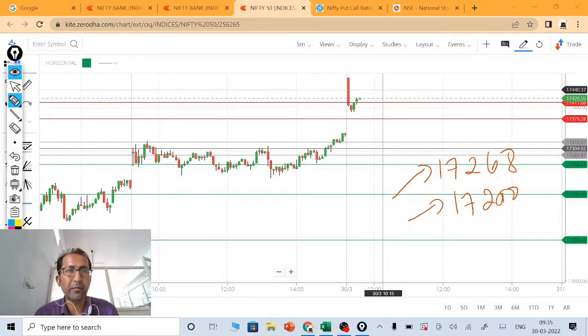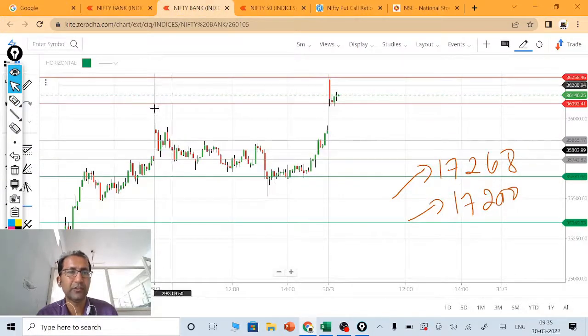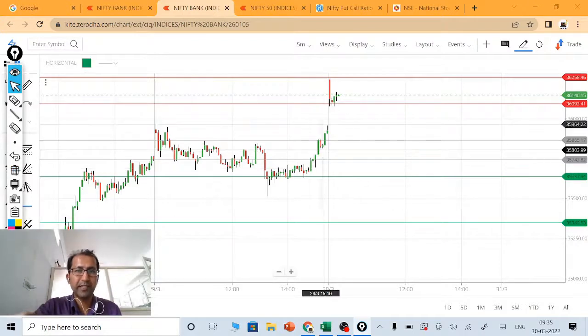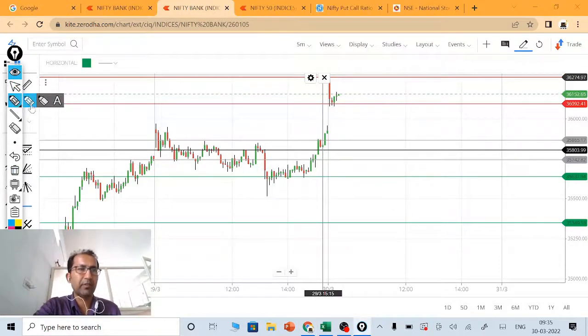Now let me come to the Nifty Bank chart. The Nifty Bank chart is on the screen before you. There was a huge gap up in Nifty Bank today, so you can see the gap. I will mark the gap.